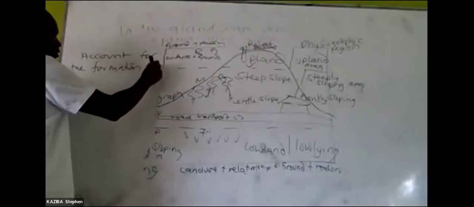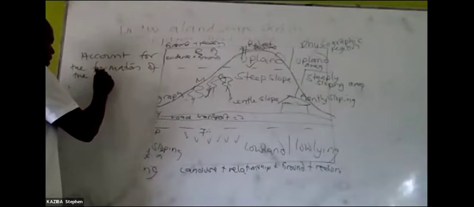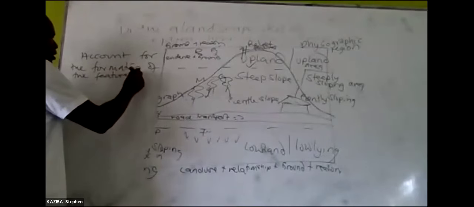Lastly, about photographs, I'm going to talk about the formation. So they can tell you to identify, they can tell you to account for the formation of the feature in the background. So in Geography 1, you can't talk about something unless you know it.